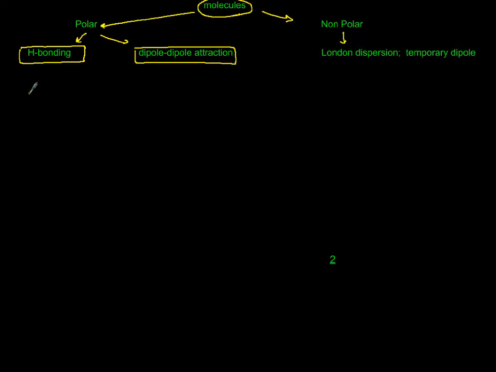So for example, if I give you H2O, H2O looks like this. So it's a bent molecule. And if I put another H2O next to it, it's going to line up like this.